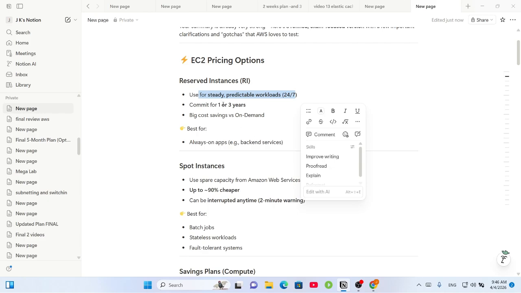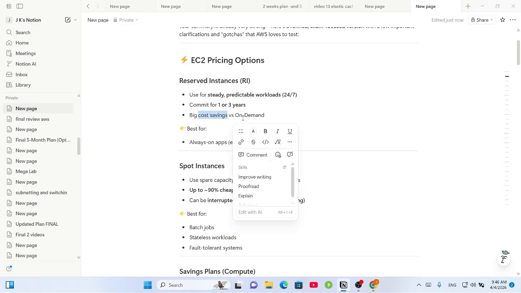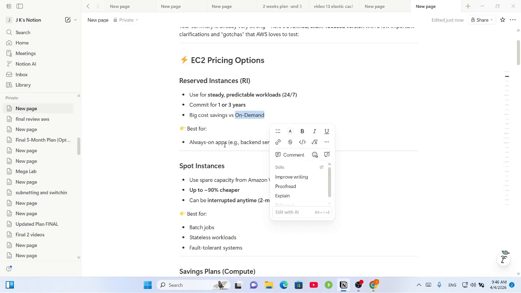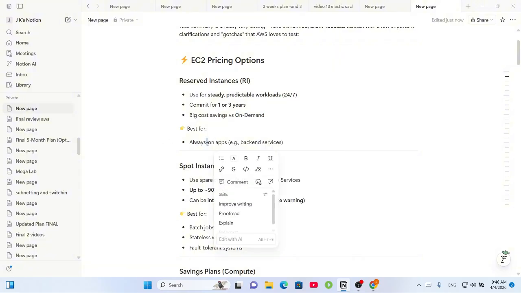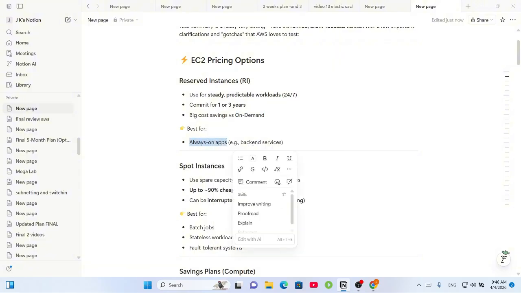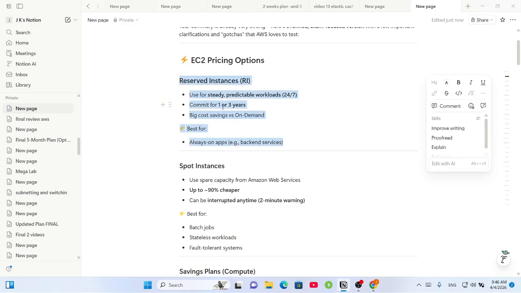Okay, you commit for 1 or 2 or 3 years. This gives you big cost saving versus on demand. It's better than on demand because you will need it for always-on applications, like backend services or something like that. We use reserved instances. So you need this to be on every time. All the time you use reserved instances.